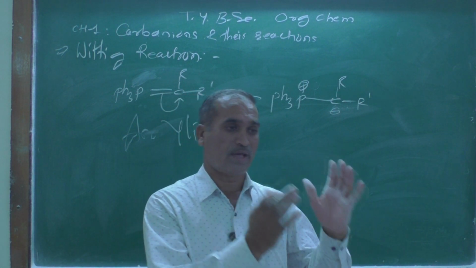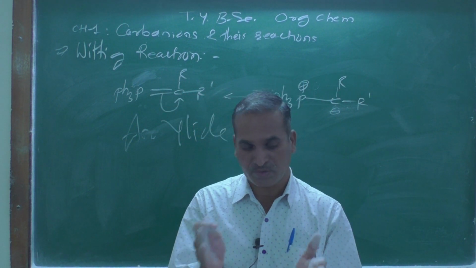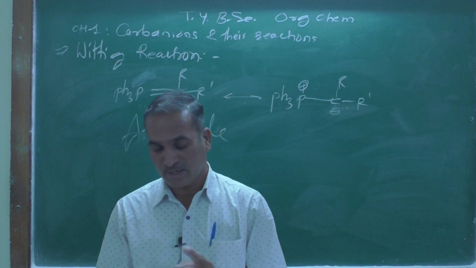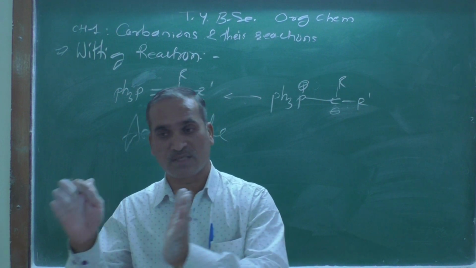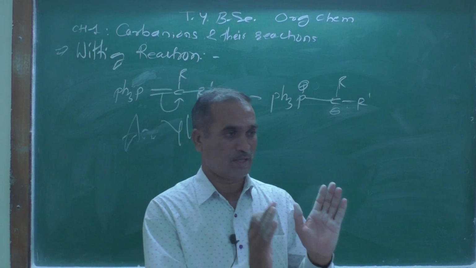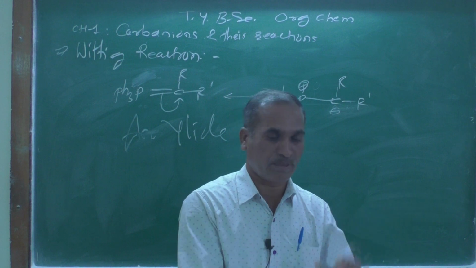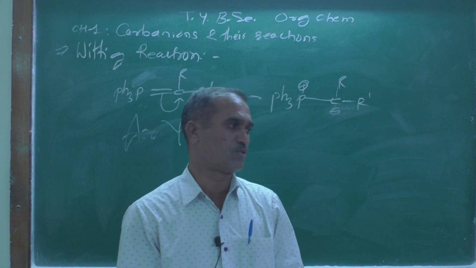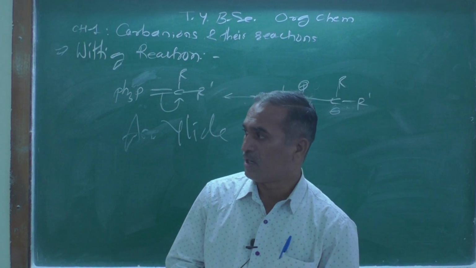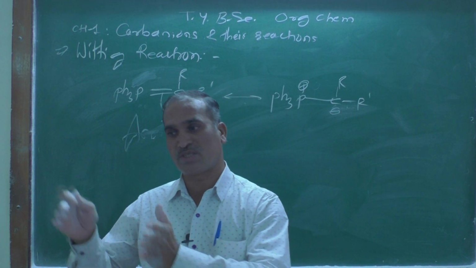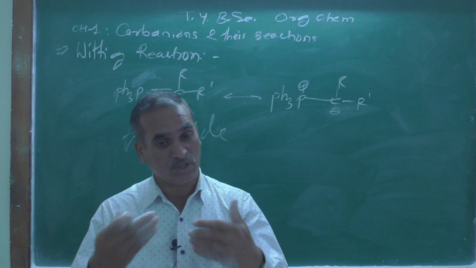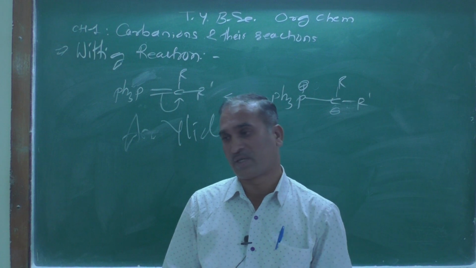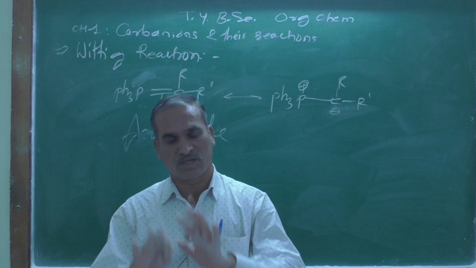After that we have seen two synthetic reagents and their application, like malonic ester, their synthesis as well as their application. How we can synthesize different organic molecules, that also we have seen. After that acetoacetic ester, its synthesis, preparation and synthetic application we have seen, and after that the Wittig reagent.